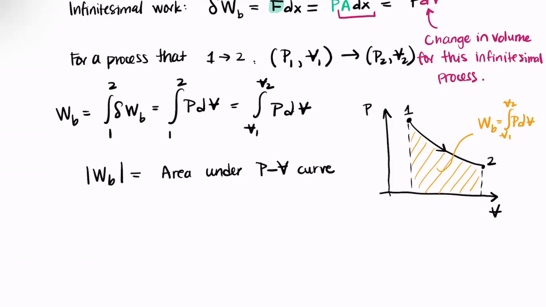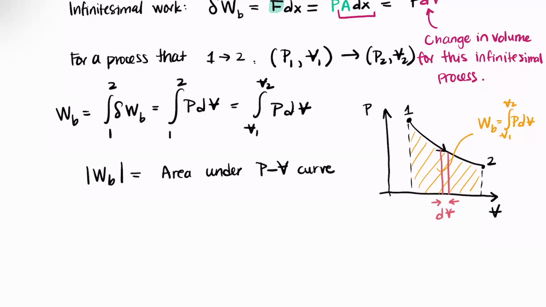When we're looking at our little differential circumstance, essentially what we're doing is zooming in on this curve, where this distance is our dV. So we're looking at a little tiny piece of this general process.